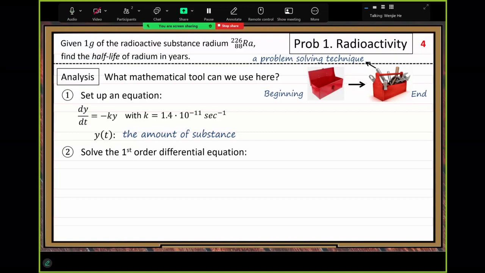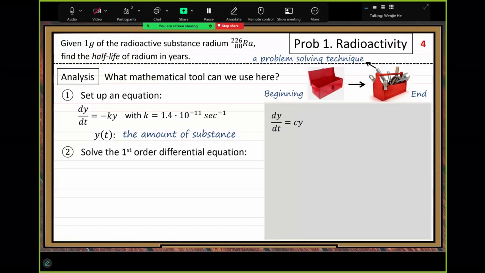So here we need to solve this very simple first order differential equation. Probably the simplest. People may argue, but it's a simple first order ODE. All right, so here I want to do some analysis.